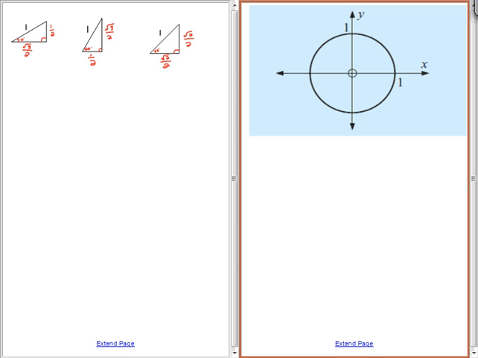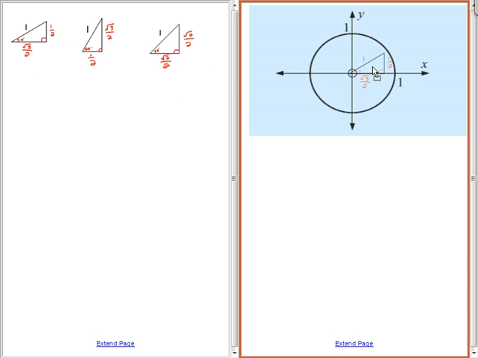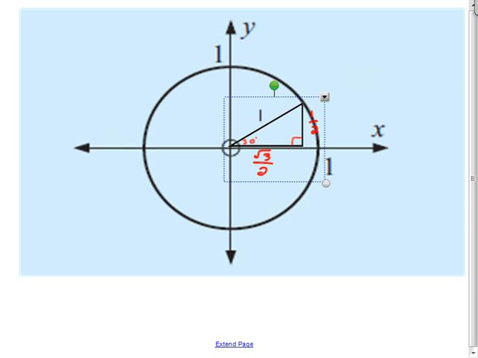So what we're going to do is build our unit circle. In order to build our unit circle, I'm going to bring in each of these measurements. So for instance, I'm going to bring in this 30-degree angle. What I've just placed on there is where 30 degrees is at.